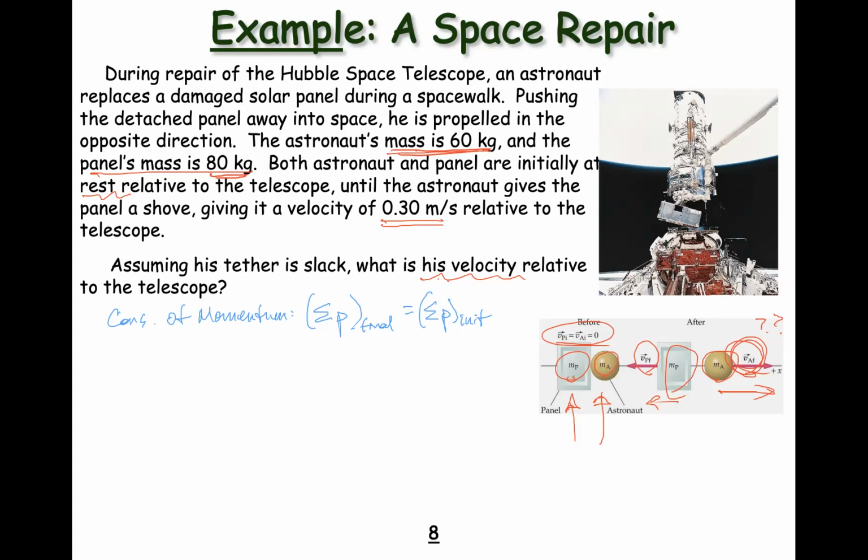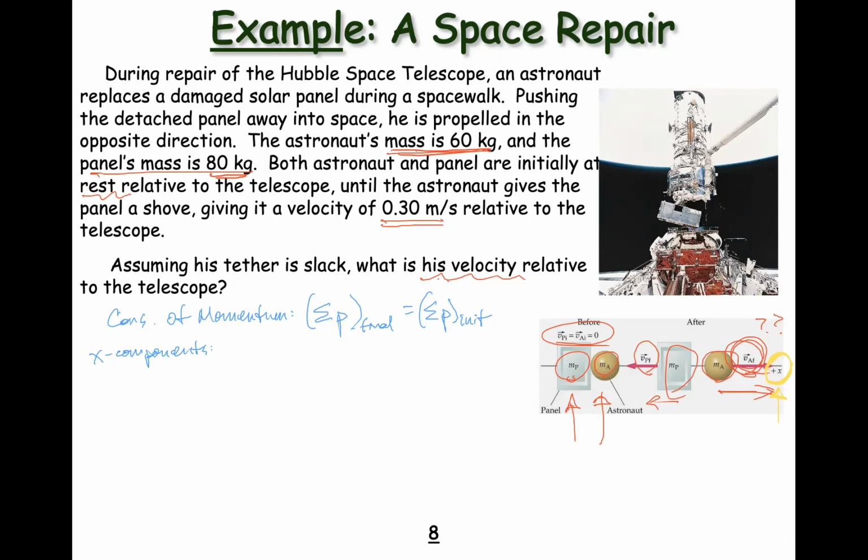Technically these are all vectors, but in Physics 151 we're always going to do one-dimensional problems. So although I'm not going to write little X subscripts on everything, remember that all of the velocities and all the momenta we're writing are just X components. I'm going to drop the X subscripts because otherwise it's too many subscripts.